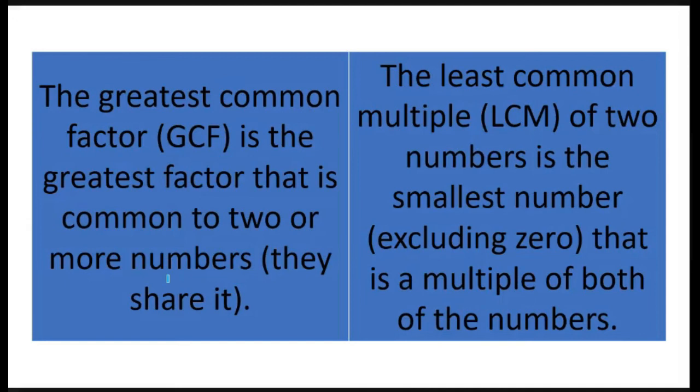Pero pinakamadali niyan is yung continuous division. Next, sa least common multiple is the least common multiple of two numbers is the smallest number, excluding 0, hindi kasama si 0. That is a multiple of both of the numbers. So, dito naman kay LCM, we need the skip counting. Or, LCM and GCF can be solved using continuous division.